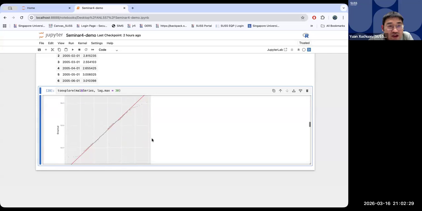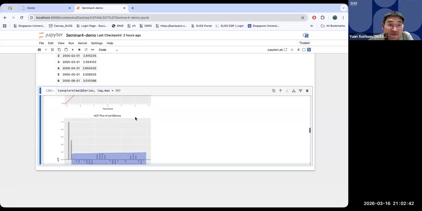And if you look at the QQ plot, some data points are not distributed along the 45-degree line, so they are not normally distributed.